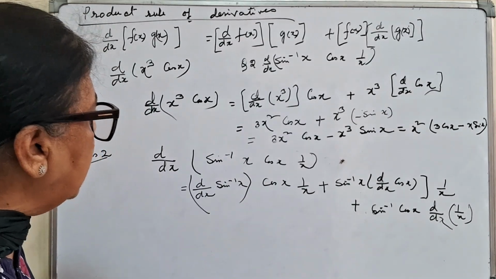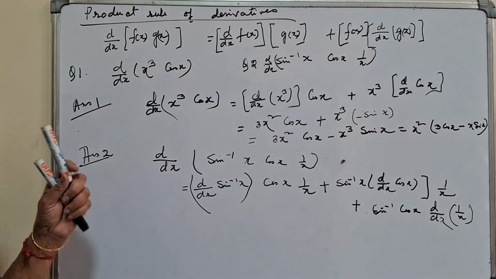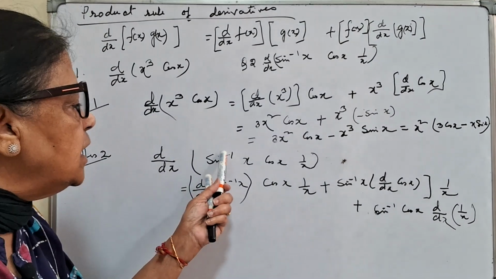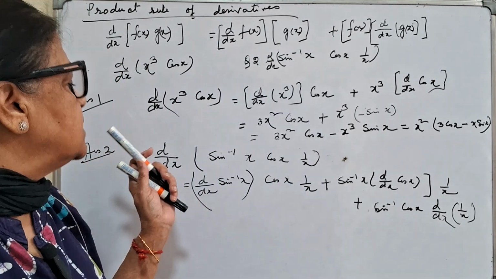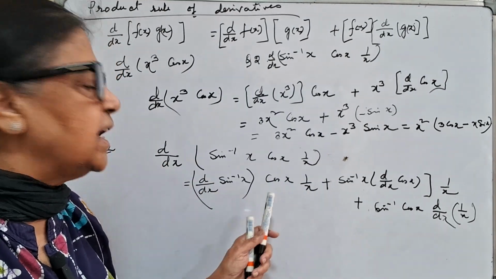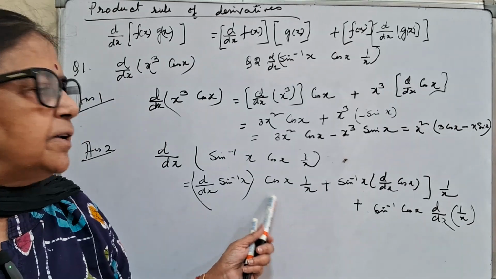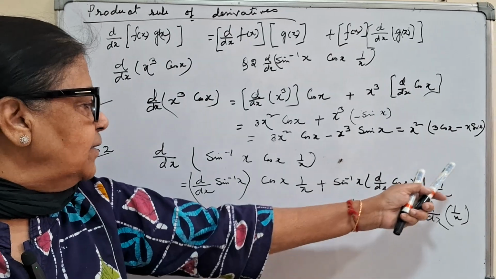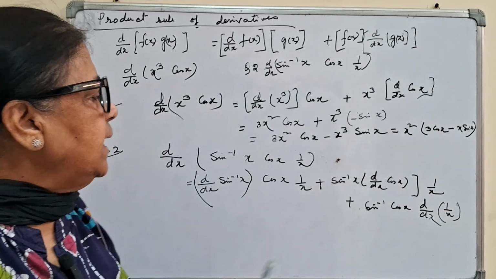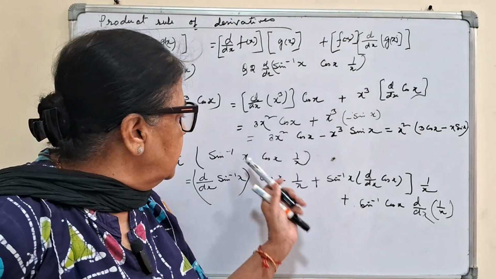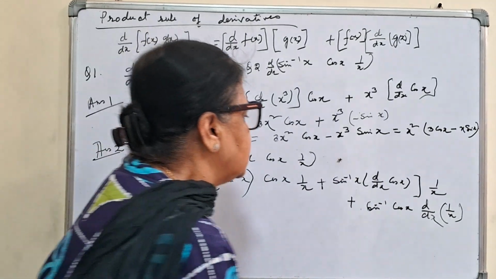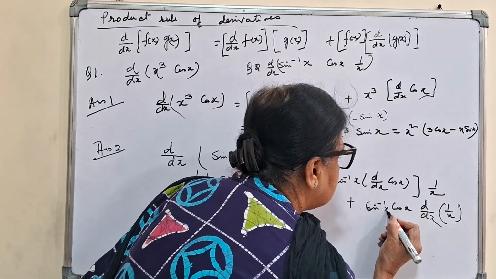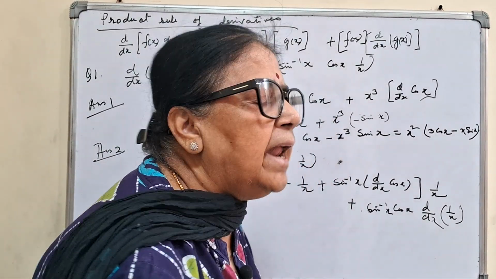So I have done three functions: first function differentiated keeping the other two constant, then the second function differentiated with the first and third constant, then the third. The functions are sin inverse x, cos x, and the last one, 1 by x.